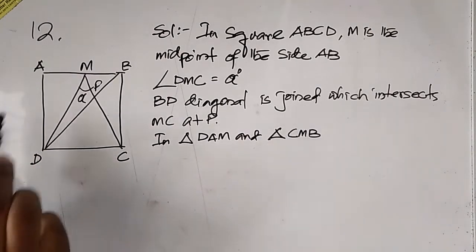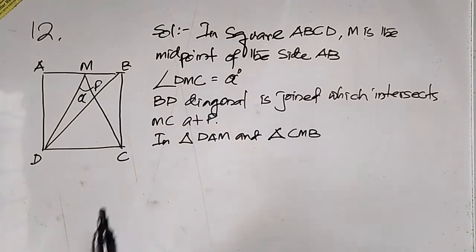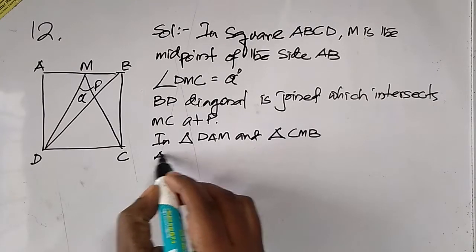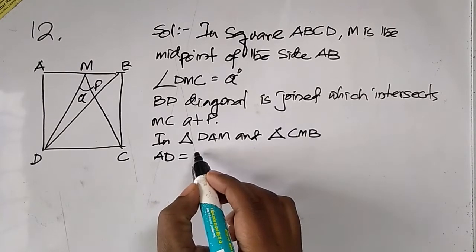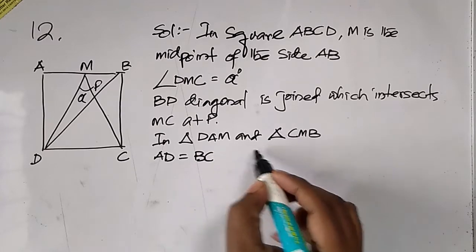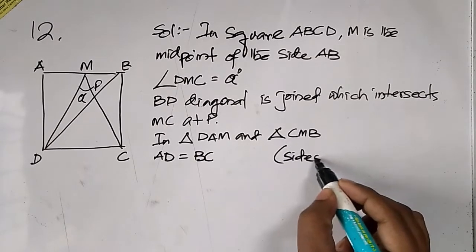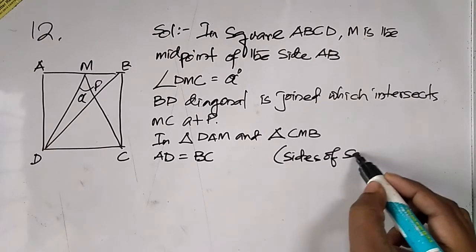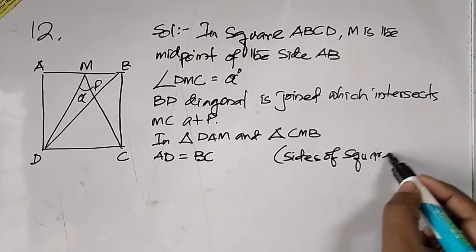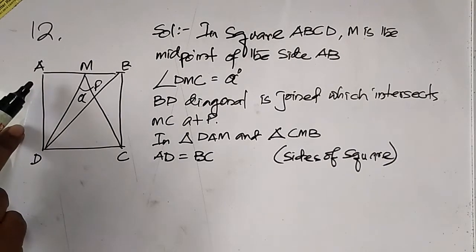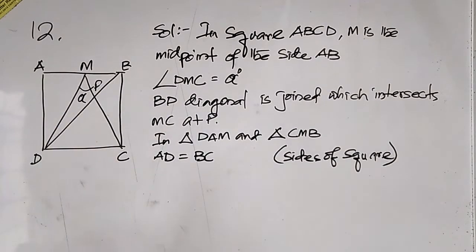Here we have AD equal to BC, right? Because these are the sides of square. AD is equal to BC. Reason is sides of square. Sides of square are always the same. Alright, then the next will be angle A and angle B will be same.